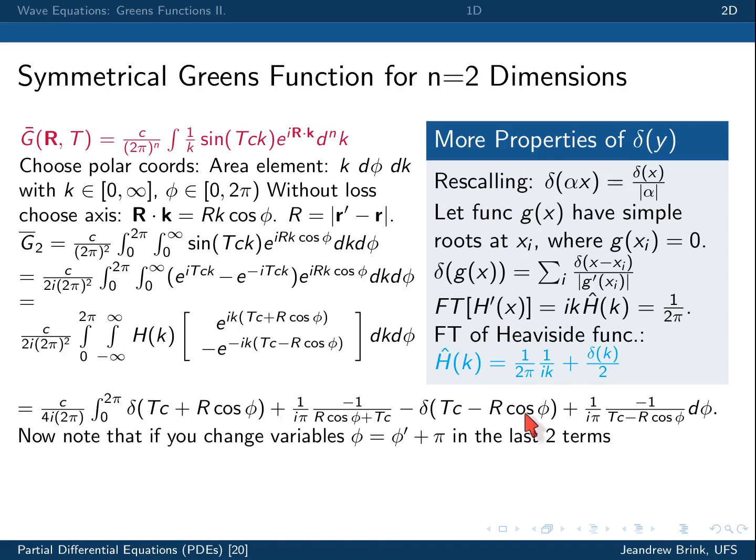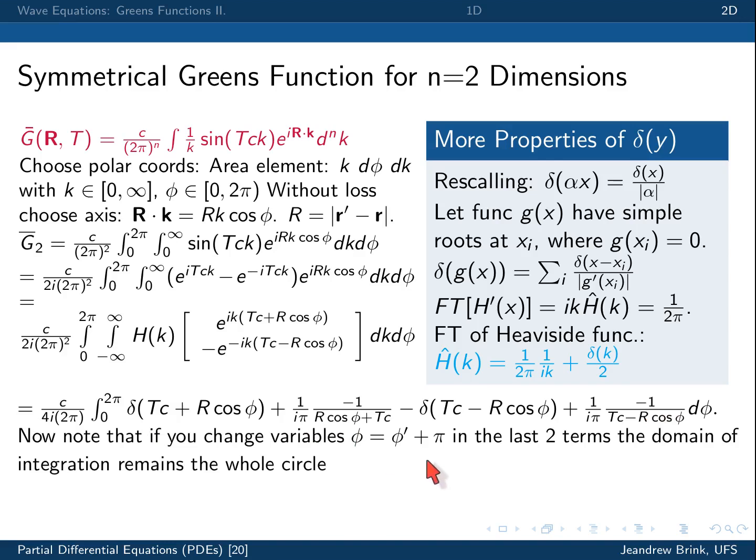Okay, and the integration domain, however, is then minus pi to pi, but it is still the same circle, so it's actually the same integration domain over here. And you then have that these two terms are actually exactly the same, and this delta function term will then cancel out this term here, because the change of variable switches the sign, but the domain of integration remains the same, and these two terms add constructively.